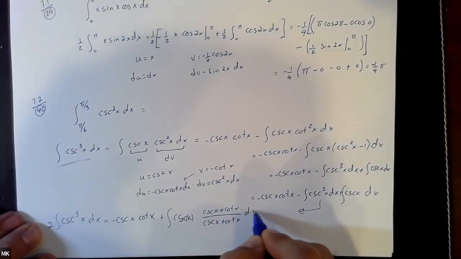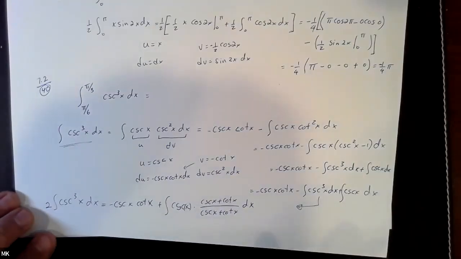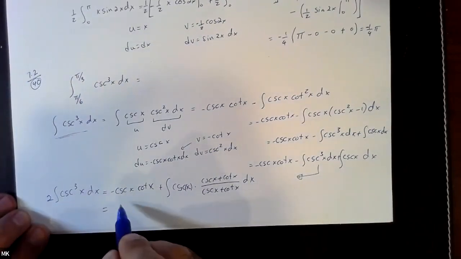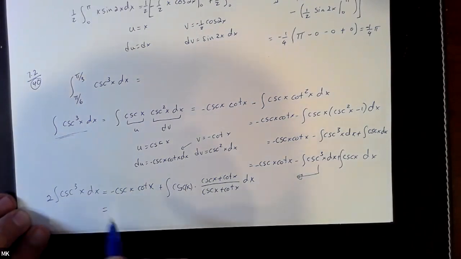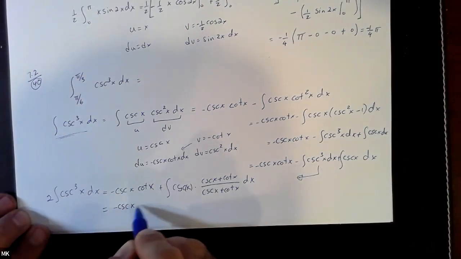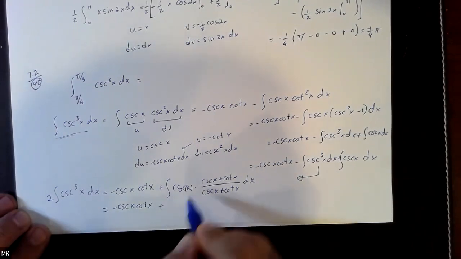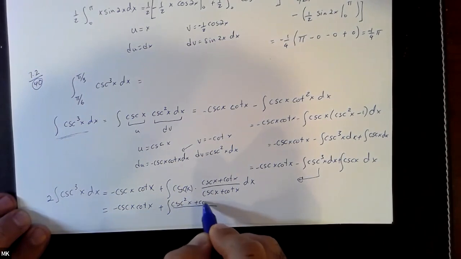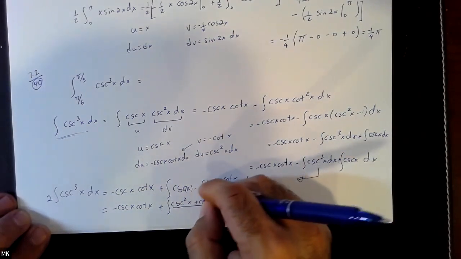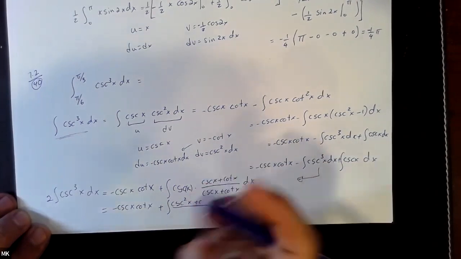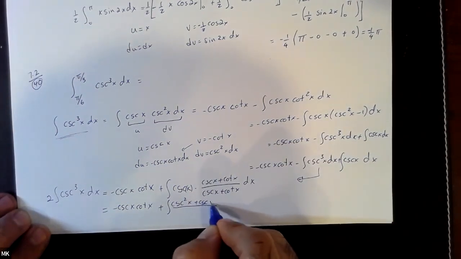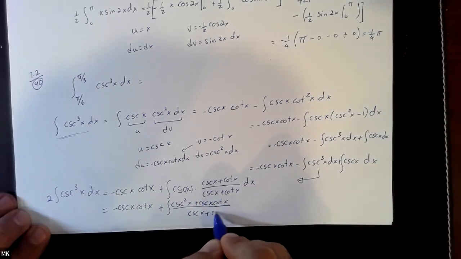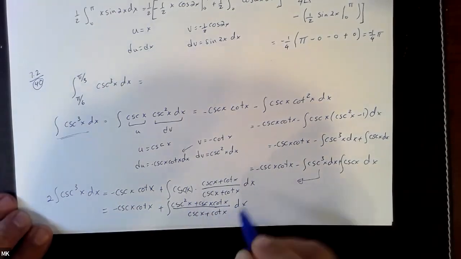That's a trick that I showed you guys for secant, and it works the same for cosecant. So let me clean up this part, and then we're going to solve for cosecant. And then this one, you get cosecant squared x plus cosecant x cotangent x over cosecant x plus cotangent x dx.